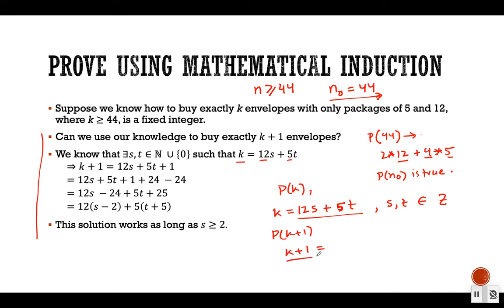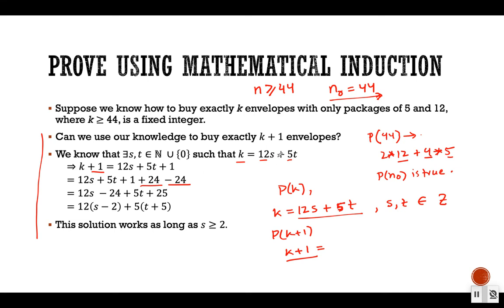So now let's see, k equals 12s plus 5t. Add 1 to both sides. So k plus 1 equals 12s plus 5t plus 1. Now what we are going to do is add 24 and subtract 24. Why are we doing that?